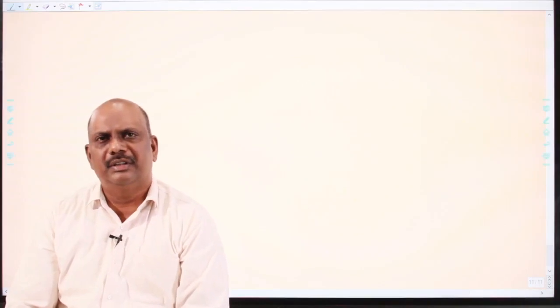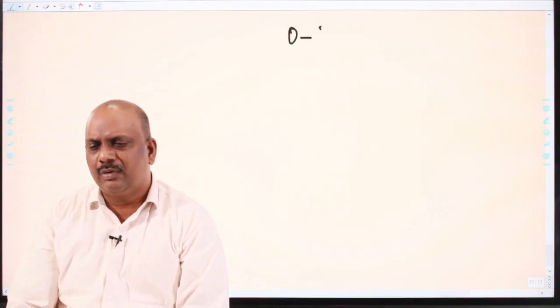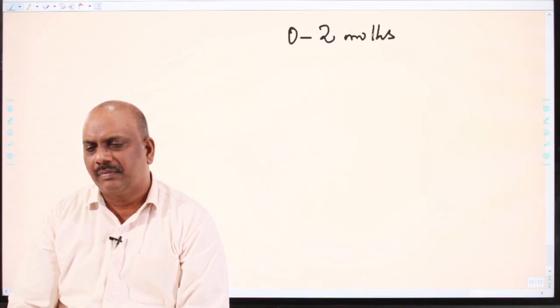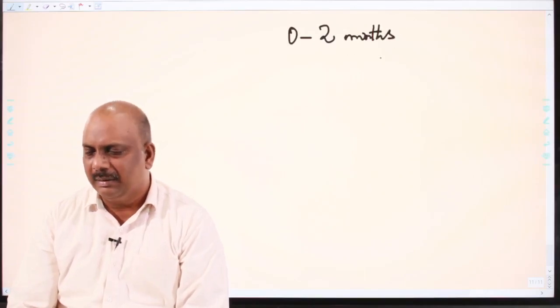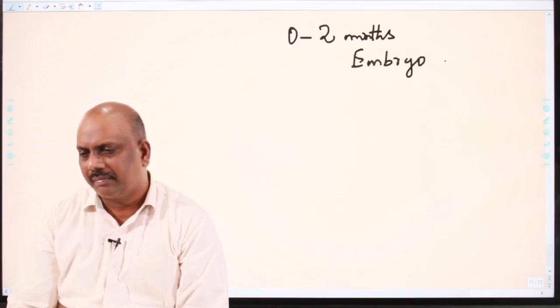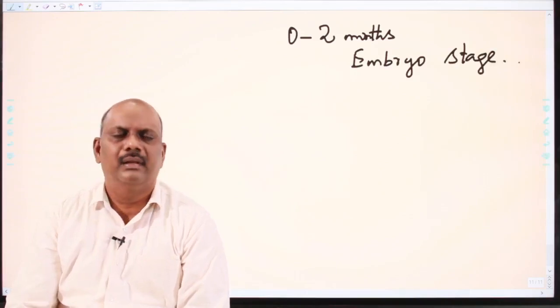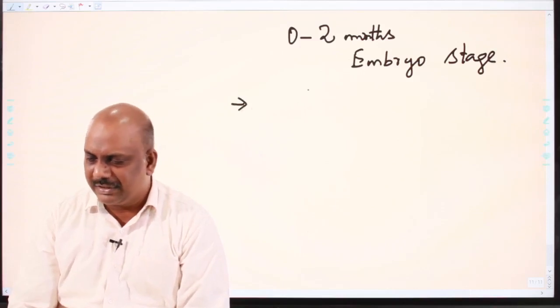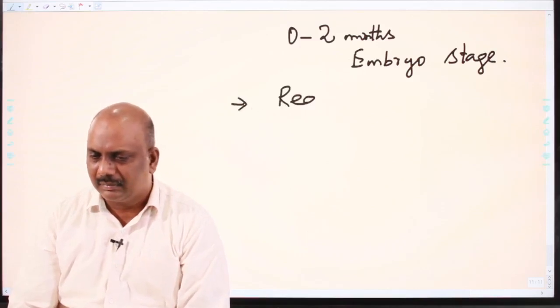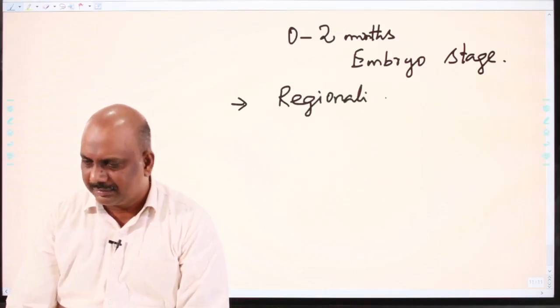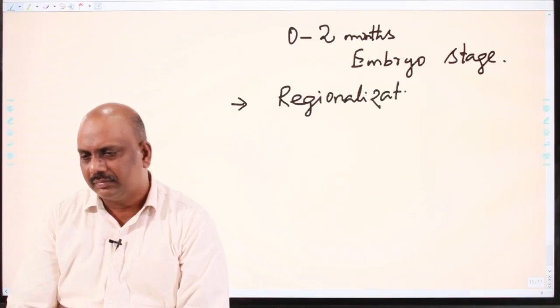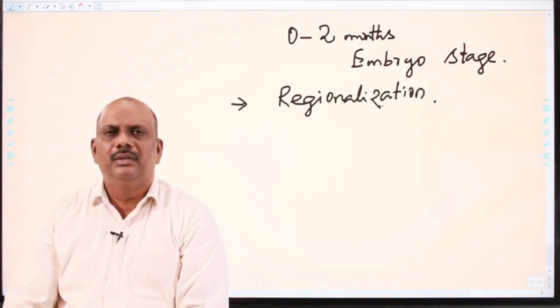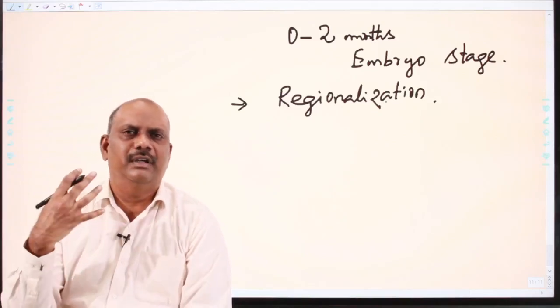The next important process, between 0 to 2 months, we call this stage the embryo stage. In the embryo stage, the next important process which happens is regionalization. Regionalization means cells migrating to different places.